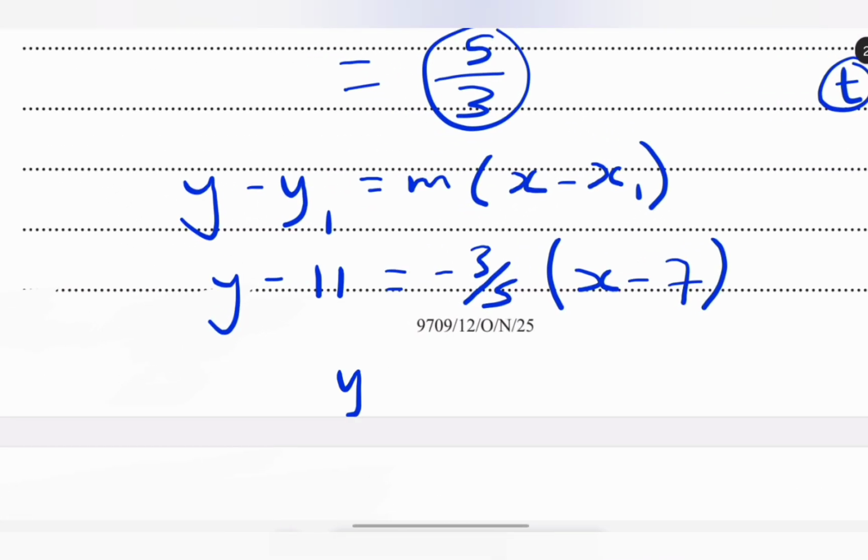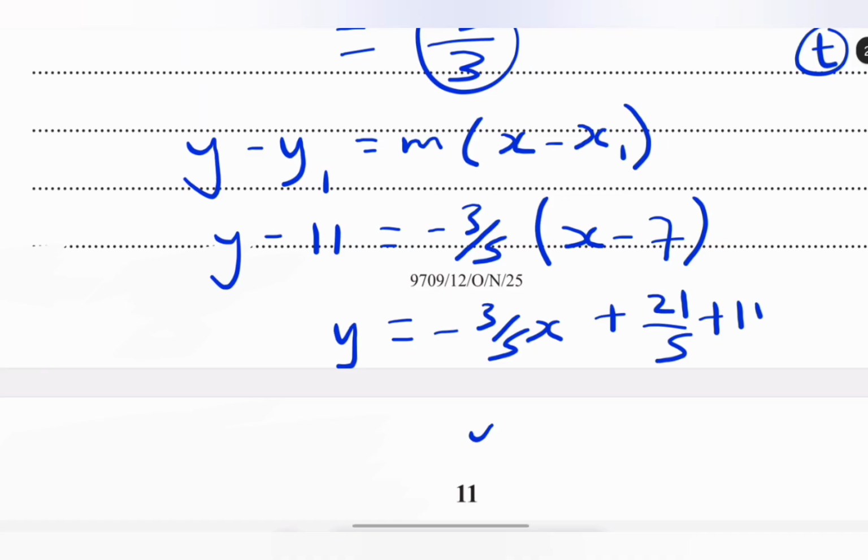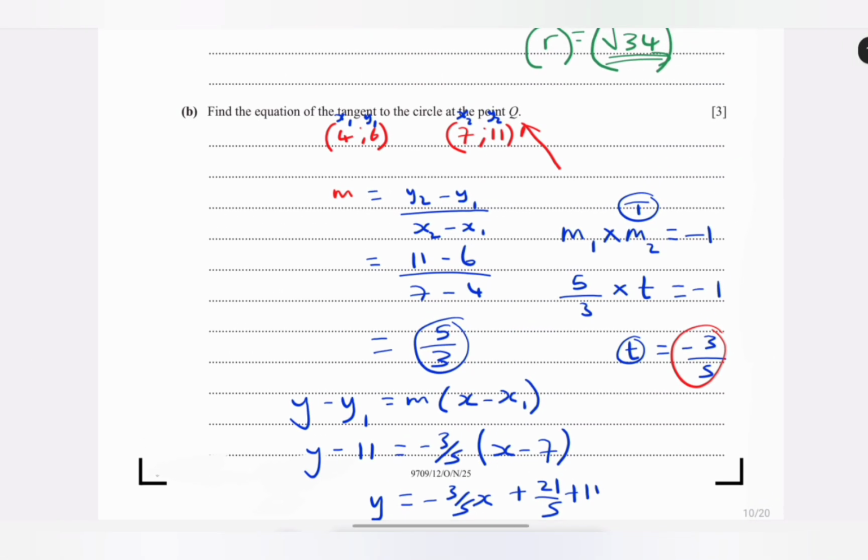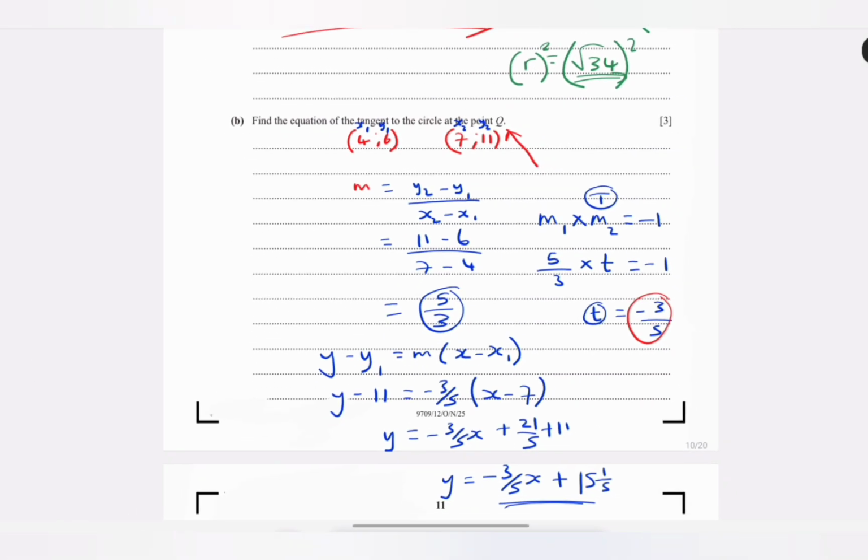And multiplying that, we get y is equal to minus 3 over 5 x plus 21 over 5 plus 11. That's y is equal to minus 3 over 5 x plus 15 and a fifth, like that. And that would be the equation of the tangent at Q. That gives us 3 marks.